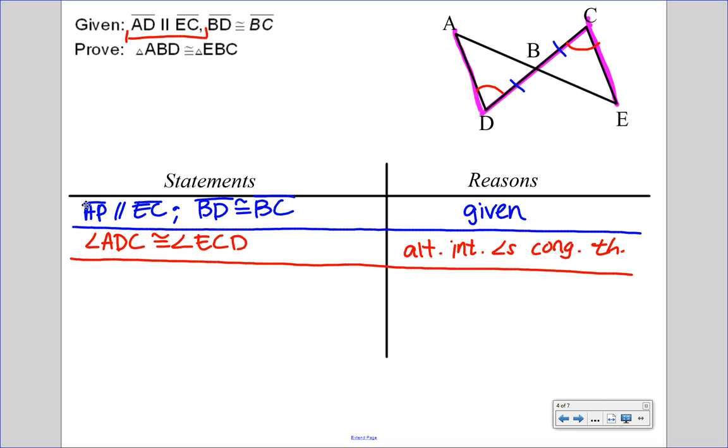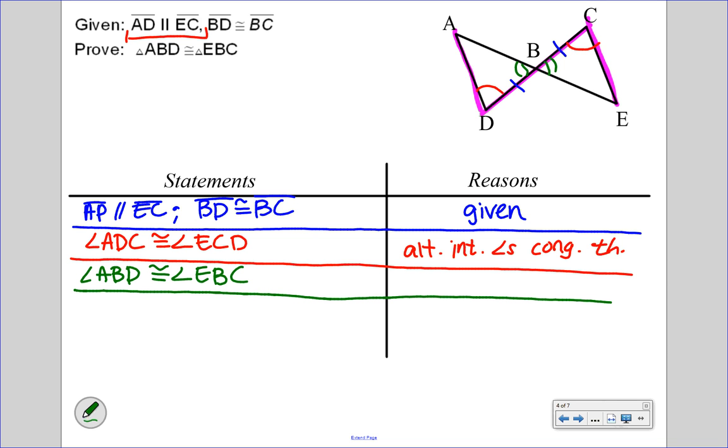So all we have left to do is look at the picture. I see vertical angles, so I can draw in my swoopies. So we can say that angle ABD is congruent to angle EBC, and that's because of the vertical angles congruence theorem.